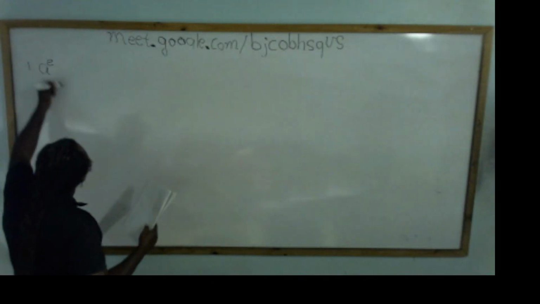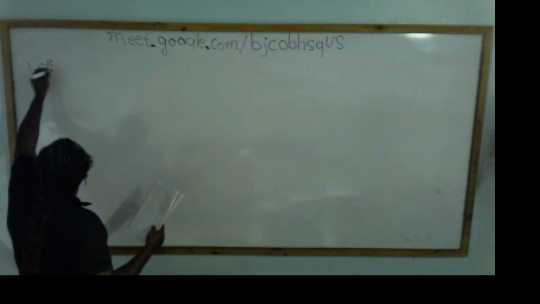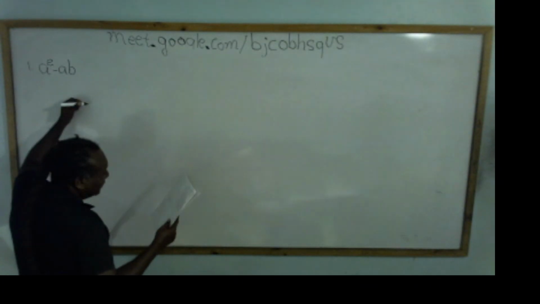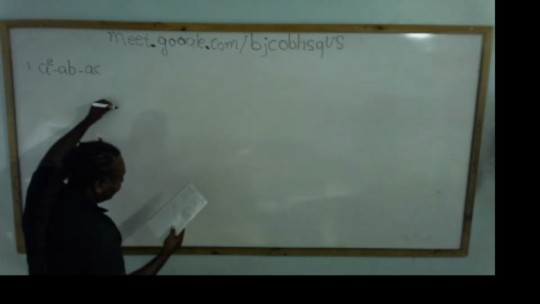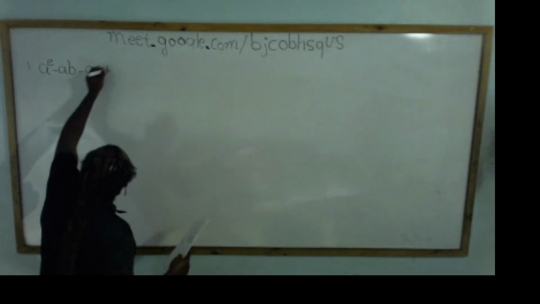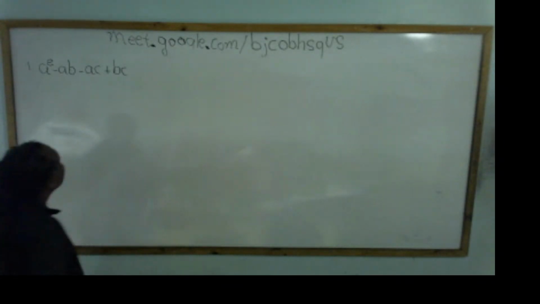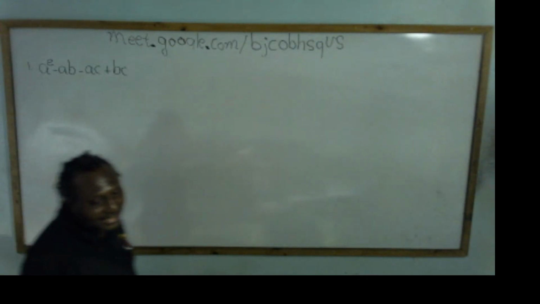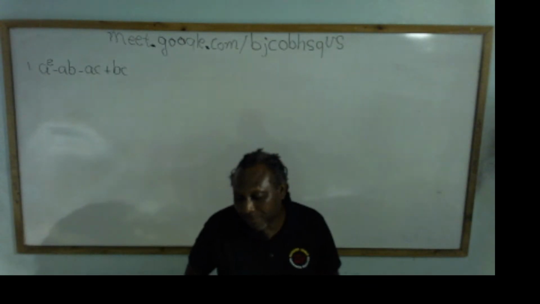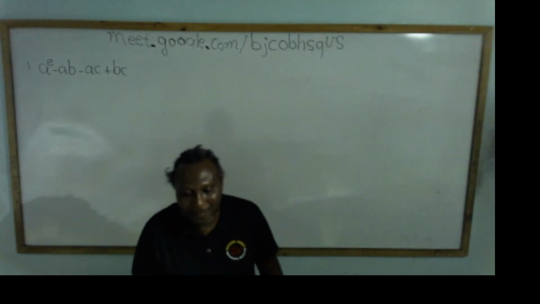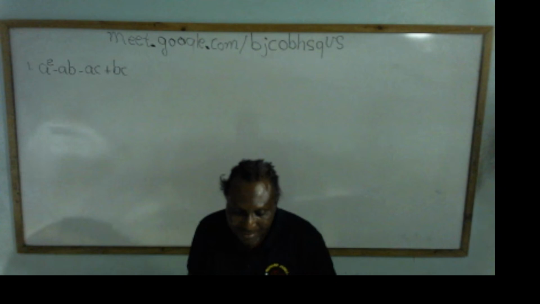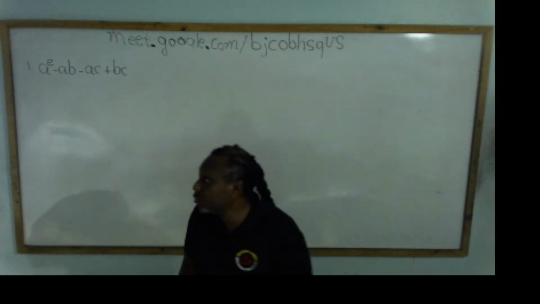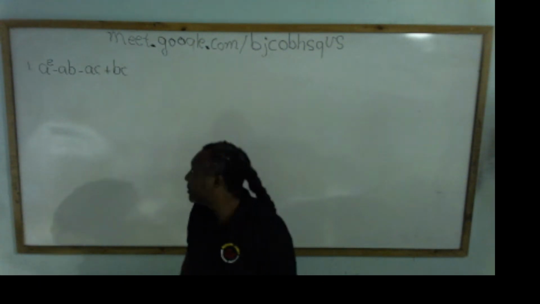A squared minus AB minus AC. So many A's. Plus BC. And of course, as long as you see the 4 of them, you know it's 2 by 2, and it's factorization by grouping.